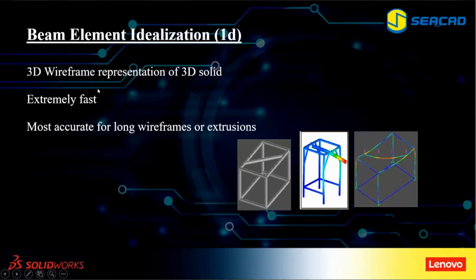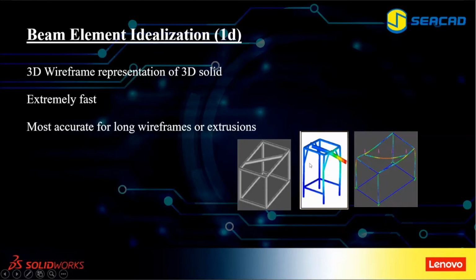The beam element is the 3D wireframe representation of the 3D solid. You can see the image here. This is a structural member, and we use the 3D frame to represent this geometry.